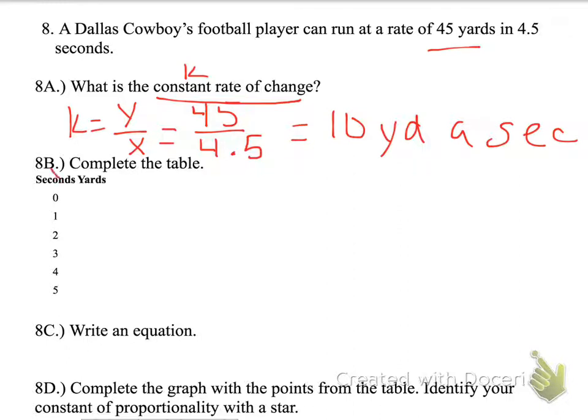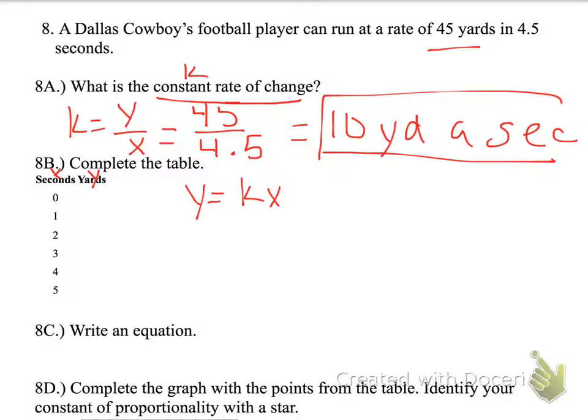So, if we can complete our table, seconds is our x, yards is our y. So in order to find our y, we take our k times x. Well, we already found our k to be 10. So I'm just multiplying x by 10 each time. So 0 times 10 is 0, 1 times 10 is 10, 2 times 10 is 20, 3 times 10 is 30, 4 times 10 is 40, 5 times 10 is 50.